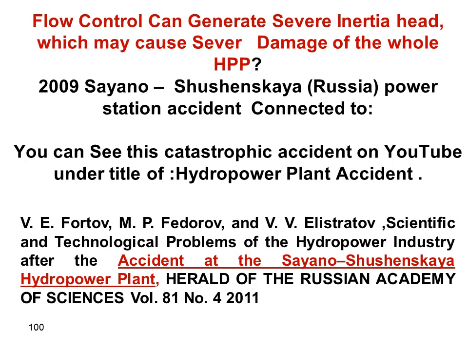This may cause water hammer, and this water hammer may cause damage either to the pipeline or to the power plant itself. You can see this catastrophic accident on YouTube under the title Hydropower Plant Accident, or Sayano-Shushenskaya power plant accident in Russia. And also there is a paper written on this accident.